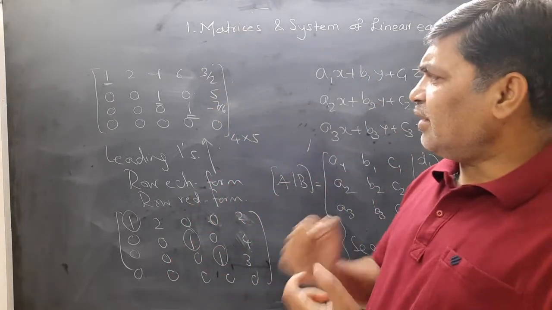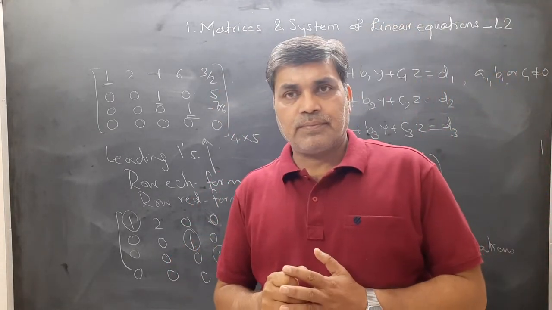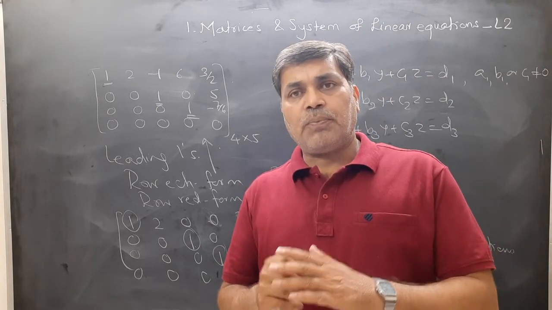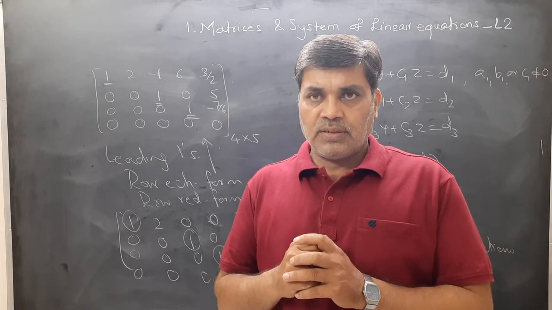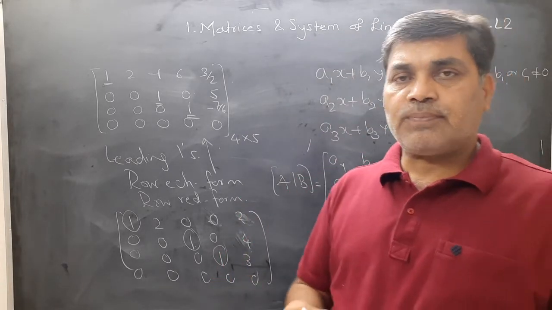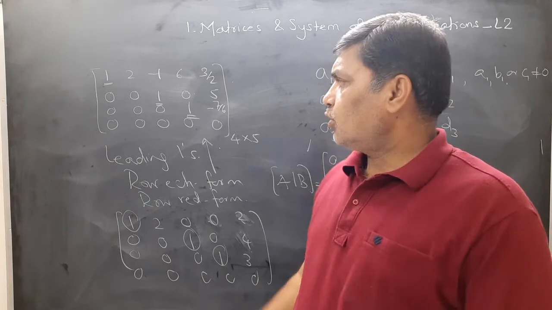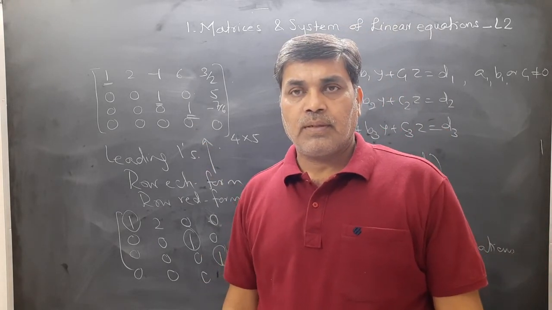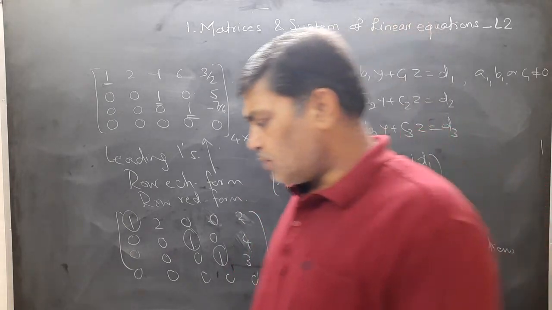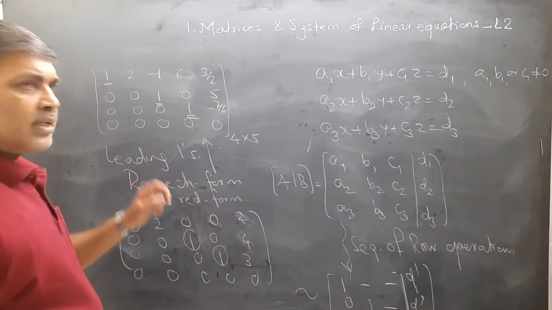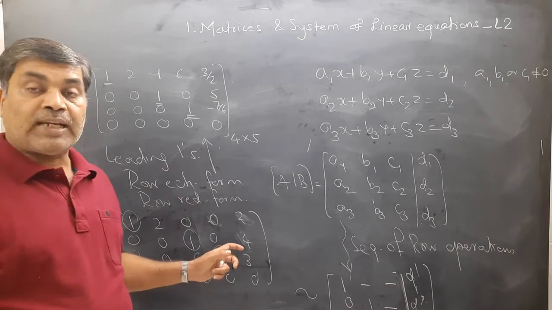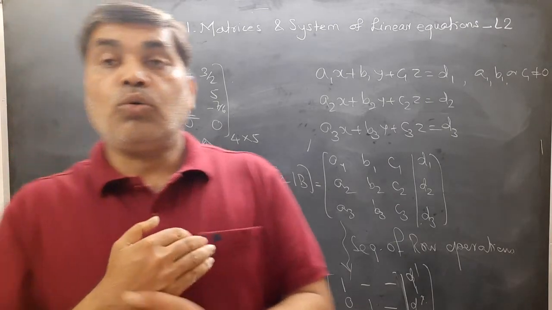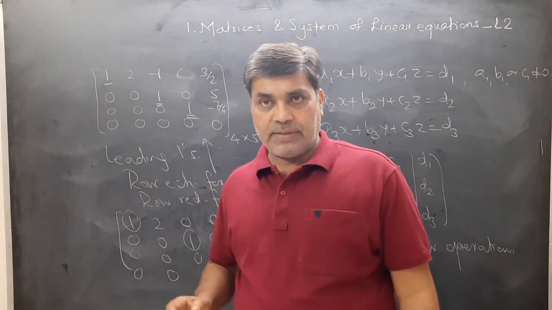Now, if I take any m by n matrix and apply a proper sequence of row operations, it is always possible to convert it to its row echelon form or row reduced echelon form. In that row echelon form, the number of non-zero rows is called the rank of that row echelon form, as well as of any equivalent matrix obtained by row operations applied on it.